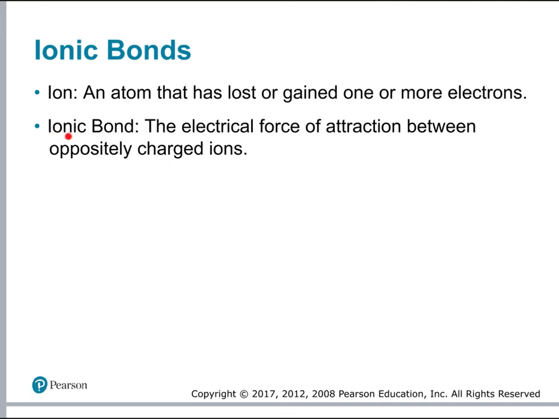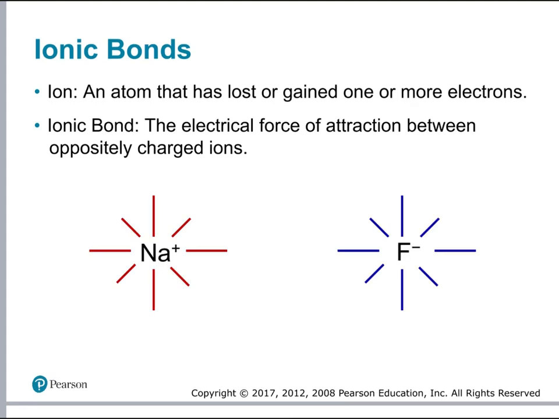The ionic bond is a joining of atoms, or actually specifically a joining of ions, due to the electrical force of attraction between those oppositely charged ions. So the two examples we've seen so far, we've got sodium, which can form positive ions, and fluorine, which can form negative ions. Those two ions are oppositely charged, so they're going to attract, and they can actually form a chemical bond that holds them together just by the attraction of those opposite charges.